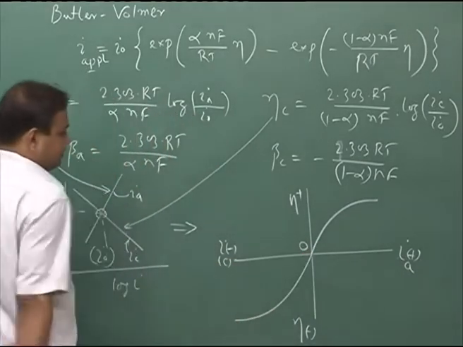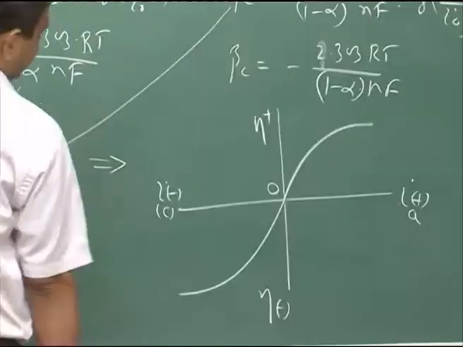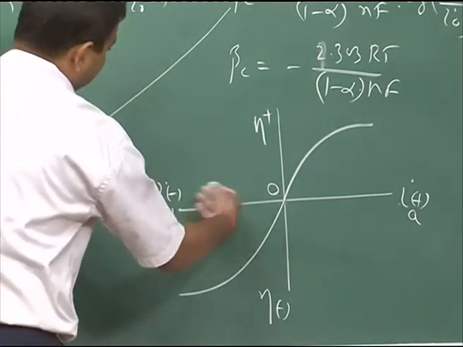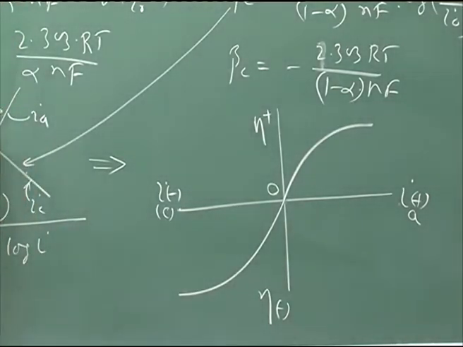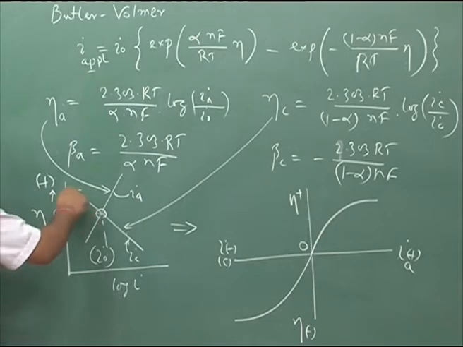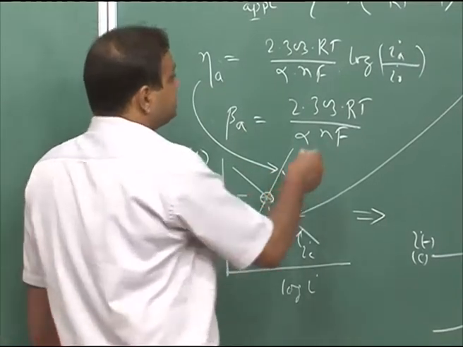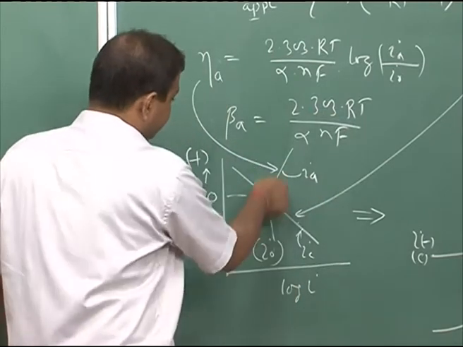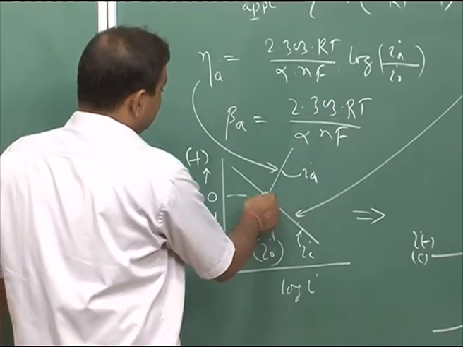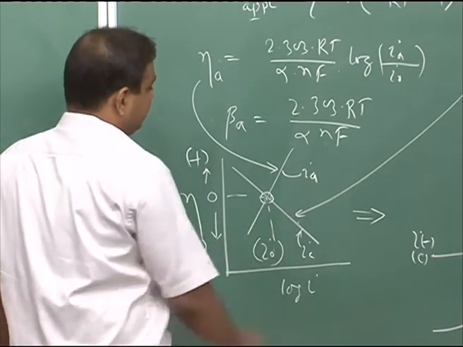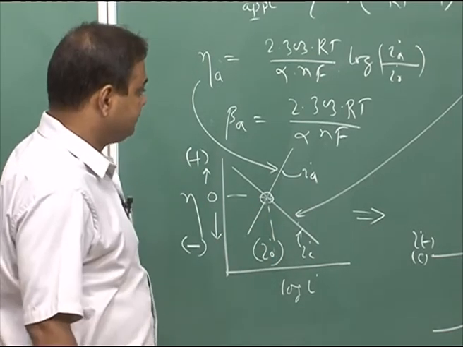So, the anodic and cathodic current densities would be the governing factor at a higher overvoltage, because, as has already been discussed, at higher overvoltage the I C part on this side would be negligible, and at higher overvoltage on the cathodic side, the anodic current density would be negligible.